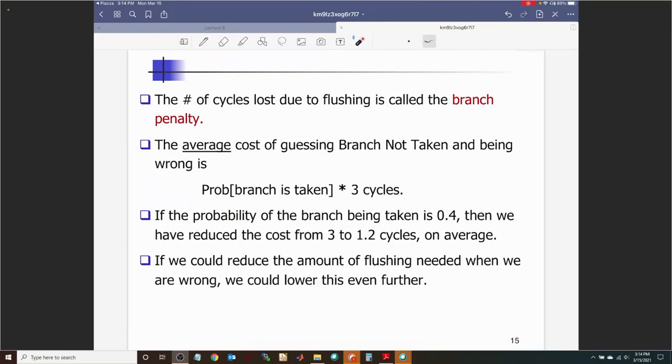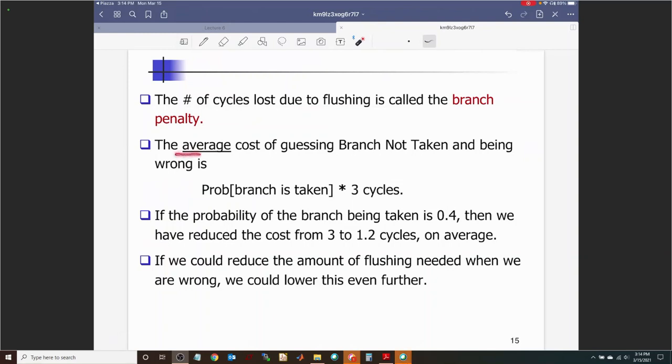So let's try to see the number of cycles lost due to flushing, what we call a branch penalty. Because if you make the incorrect decision, you have to track it back by flushing the pipeline, and hence you have to pay some branch penalty in terms of number of cycles. So let's try to find out what would be this branch penalty.